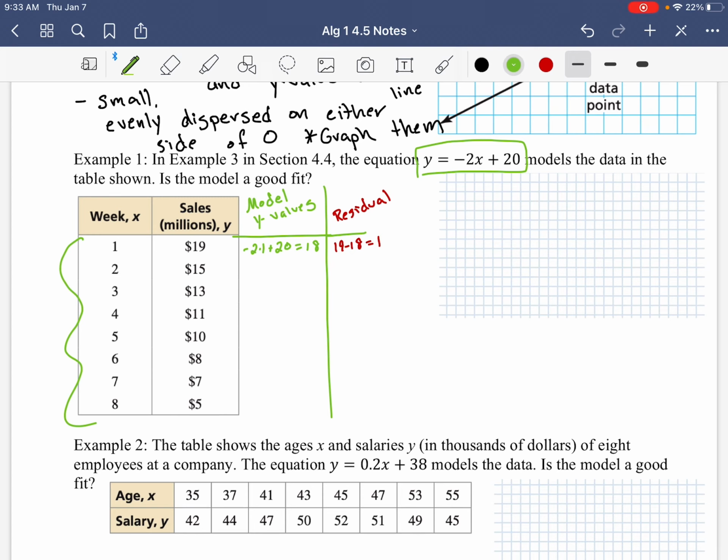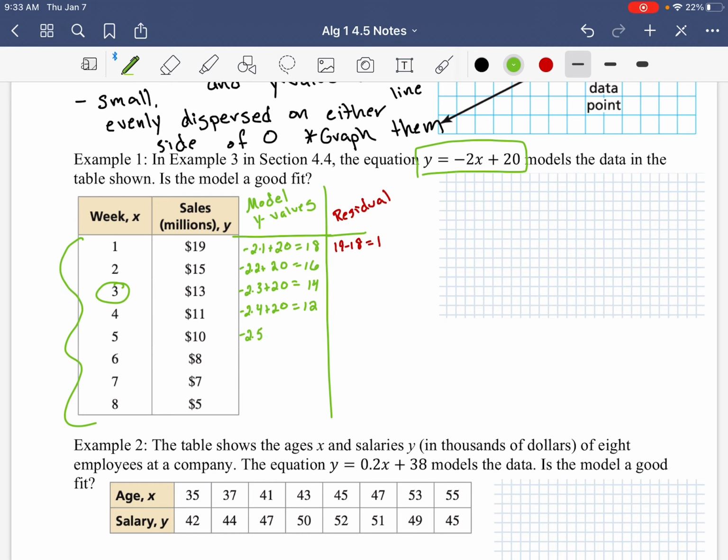So now I'm going to put in a 2. Negative 2 times 2 plus 20, which gives me negative 4 plus 20 is 16. Okay, so I'm just going to come up with each of these. Now this 3: negative 2 times 3 plus 20 gives me negative 6 plus 20, which is 14. Negative 2 times 4 plus 20: negative 8 plus 20 is 12.